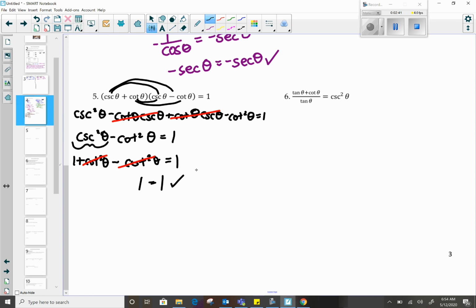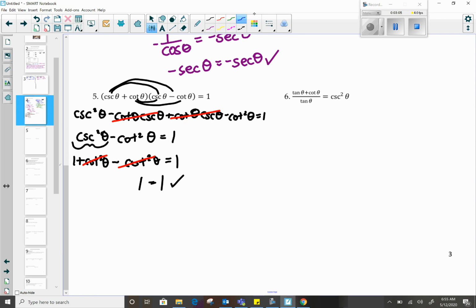Cool. Okay, number 6. So in this case, with fractions, if you're adding or subtracting fractions, there would be 2 of them. You'd need a common denominator. This is already the point where the fractions would have already been combined because it's already just one fraction.